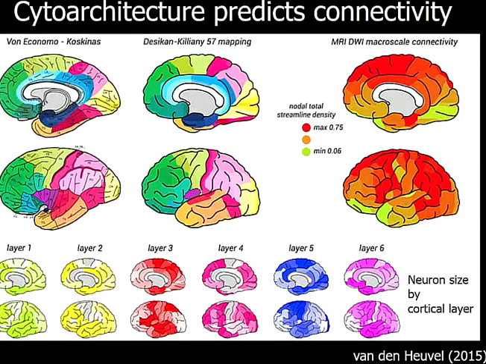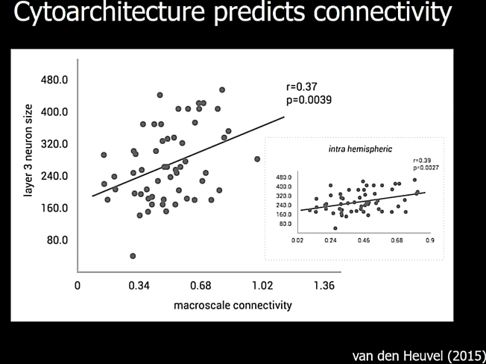In addition, neuron size, plotted on the bottom here, across cortical layers, predicts macro scale connectivity. So now looking at an MRI measure, diffusion tractography connectivity, particularly the size of the neurons in layer 3.